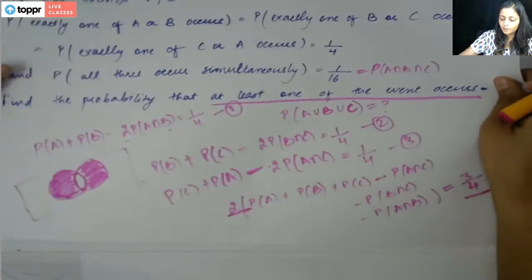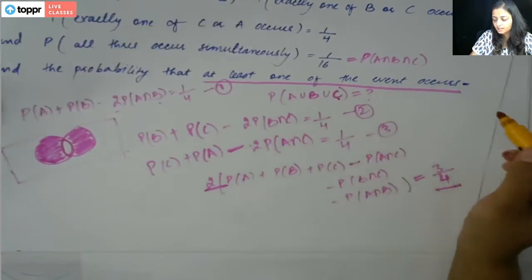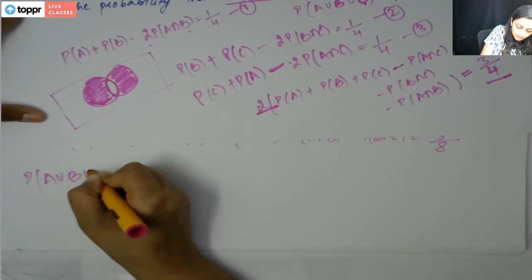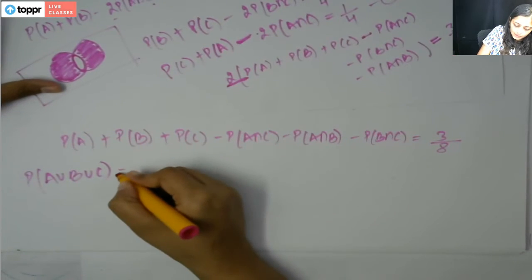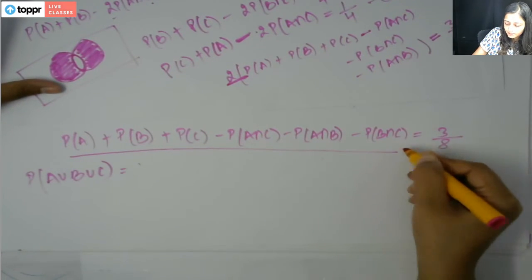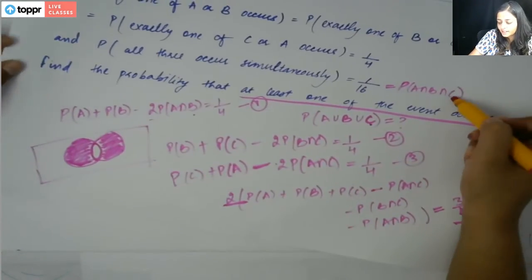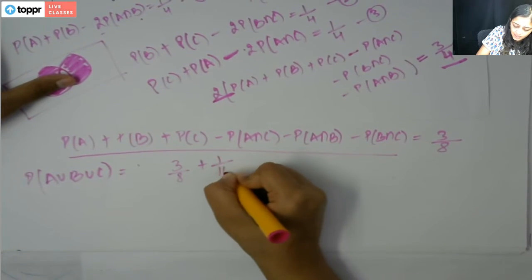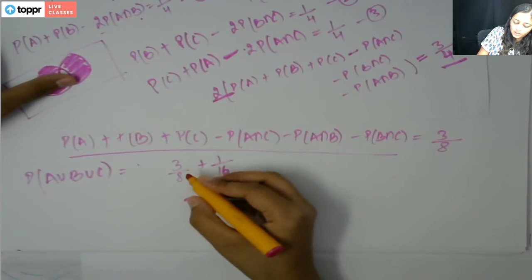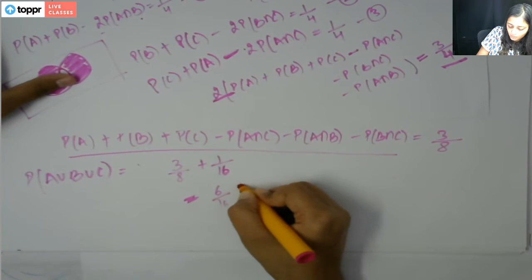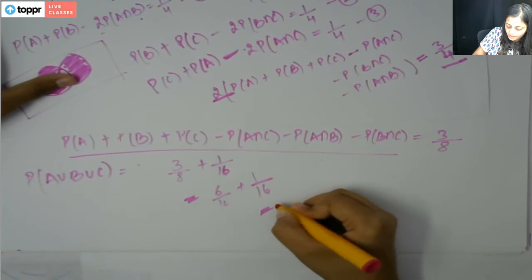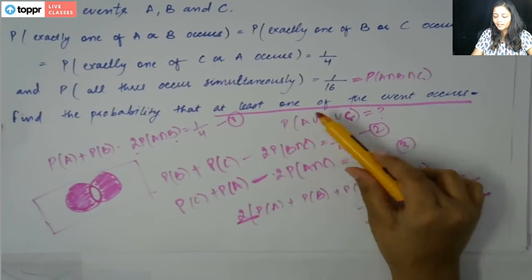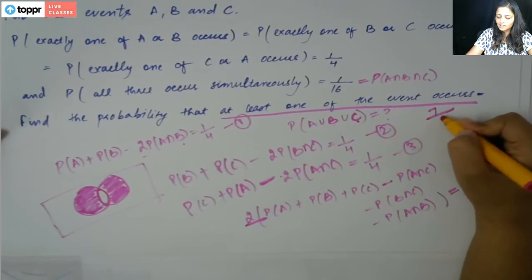Now we have to find the probability of A union B union C. So what is the formula for P of A union B union C? It is this thing plus probability of A intersection B intersection C. So it is 3 by 8 plus 1 by 16, which is equal to 6 by 16 plus 1 by 16, which is 7 by 16. So the probability of at least one of the events occurring is 7 by 16.